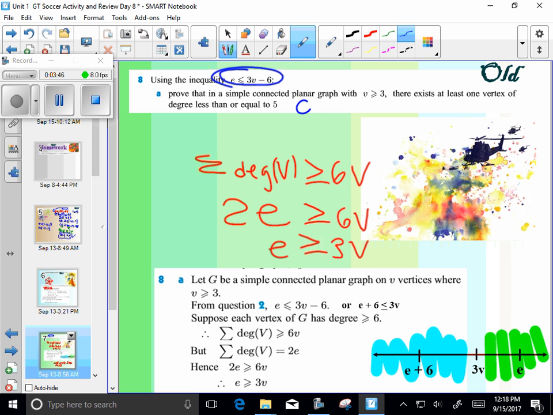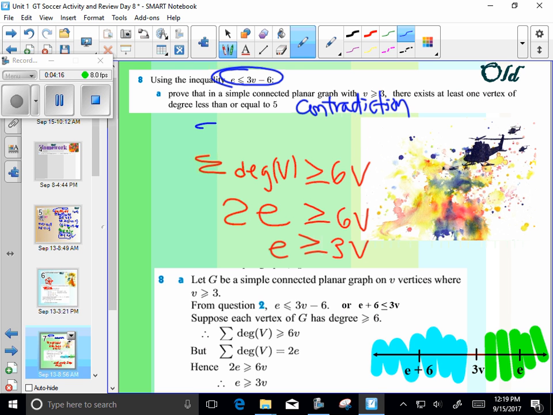We're going to do a contradiction proof. What's the opposite of at least one less than or equal to 5? All of them greater than or equal to 6. Okay? So the way you would start this one is you would start by saying that all of the degrees are going to be greater than or equal to 6.